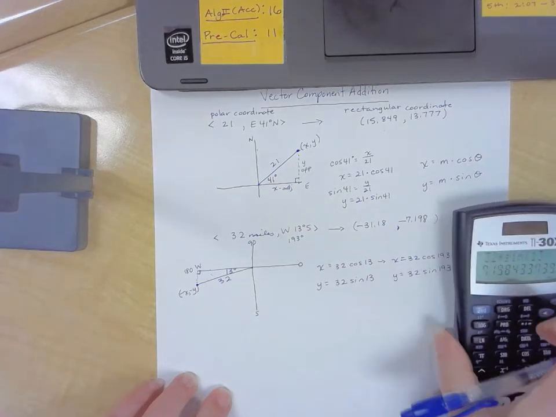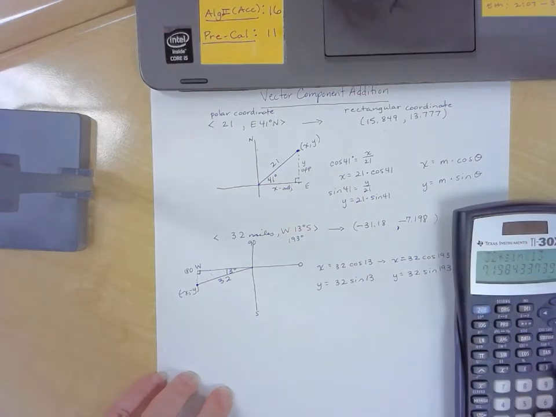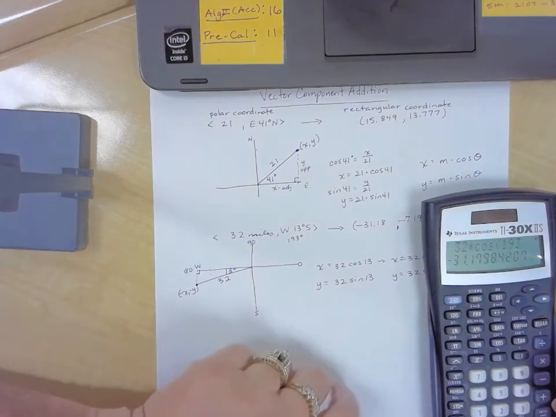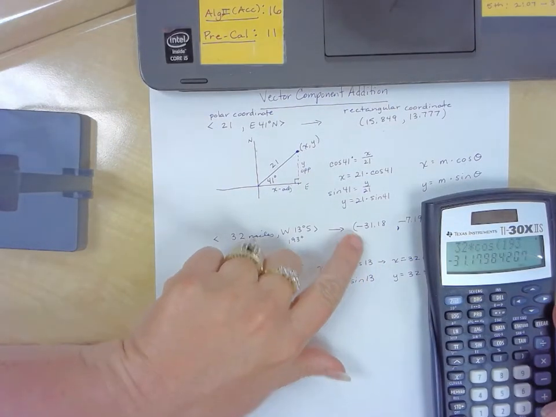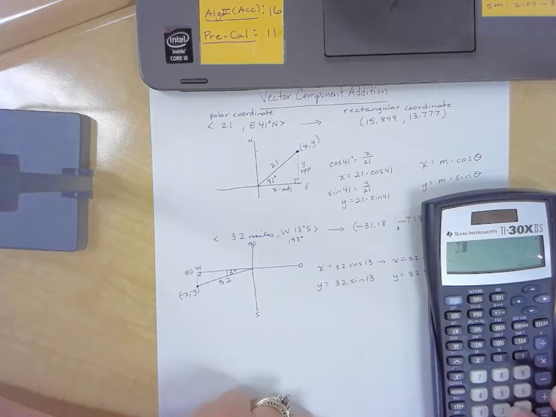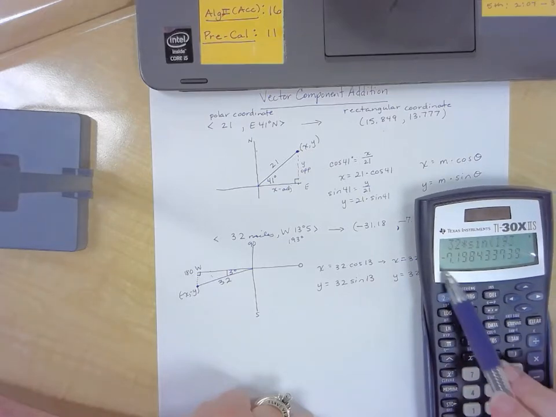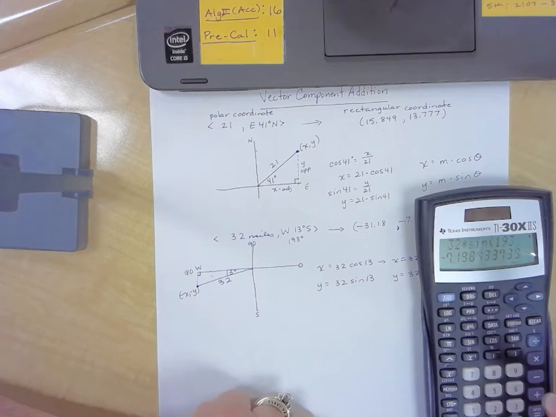Let's see what the calculator gives us for those. 32 times the cosine of 193 gives us the negative 31.18. And if we do 32 times the sine of 193, the calculator gives us our negative 7.198.